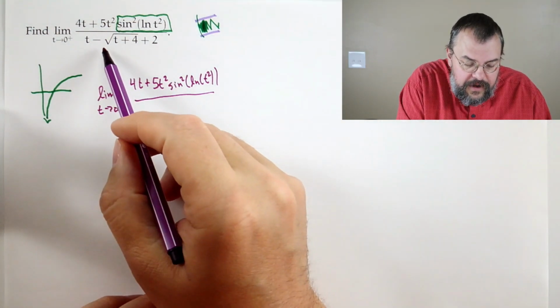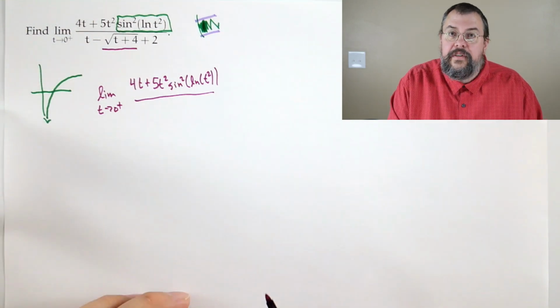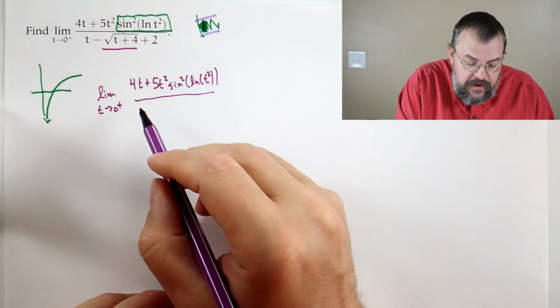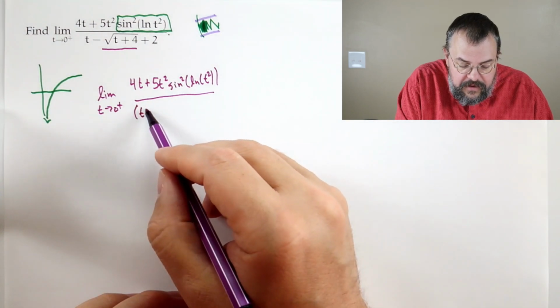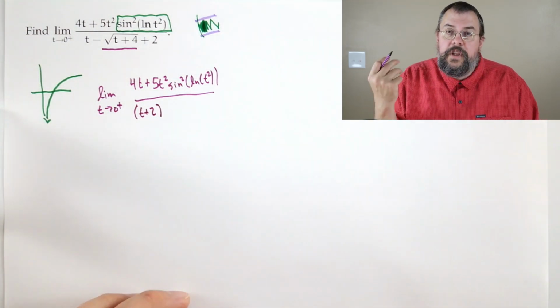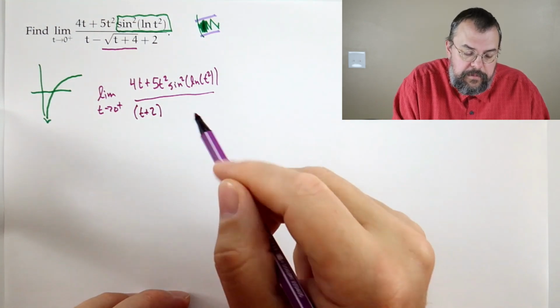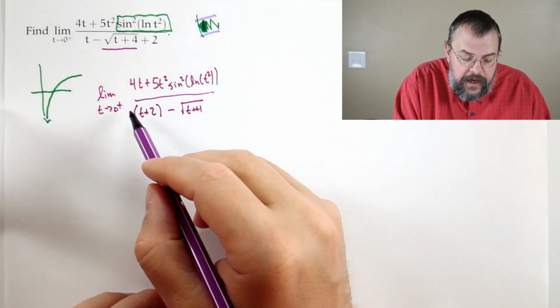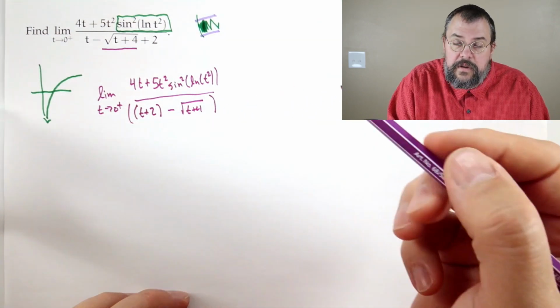So that's one of our pieces, and everything else is the other piece. So we'll have t plus 2, with parentheses to emphasize we're thinking of it as a group, t plus 2 minus the square root of t plus 4. And that's just what it is.